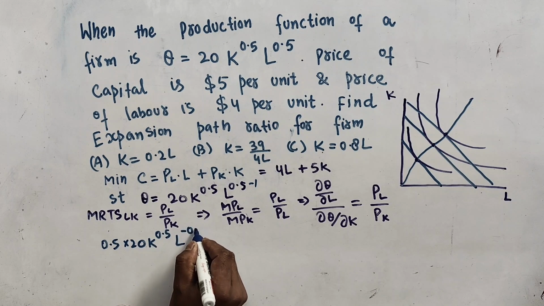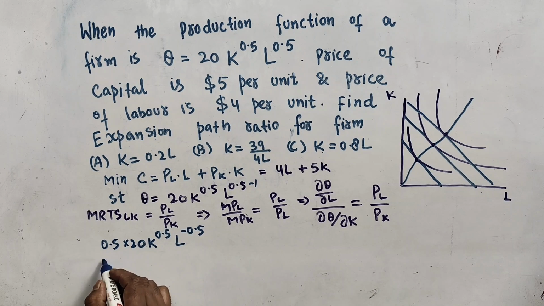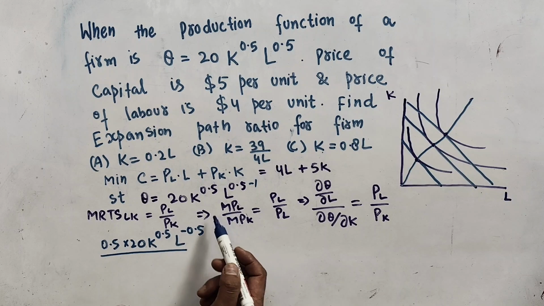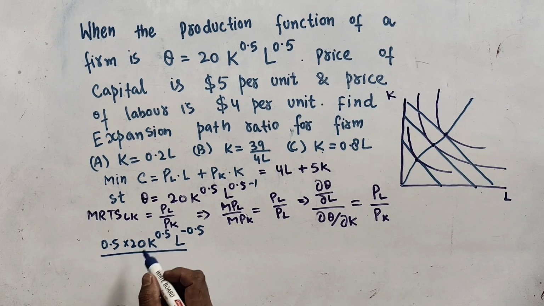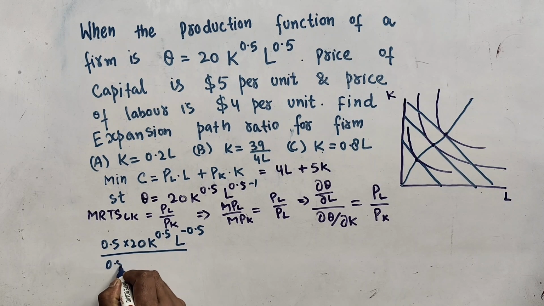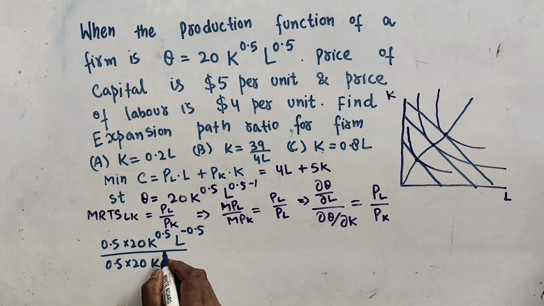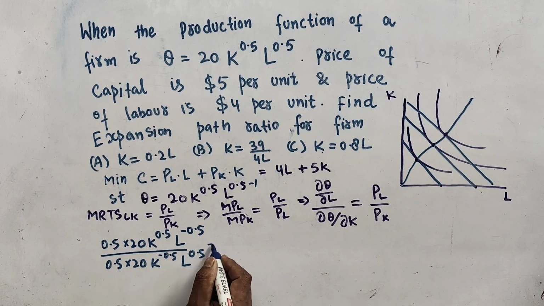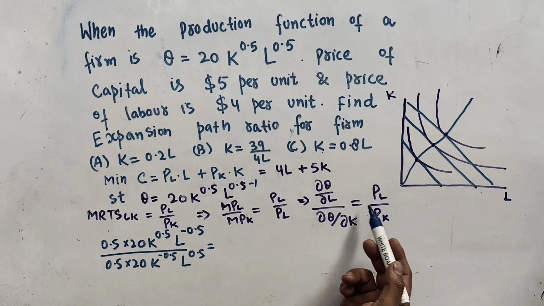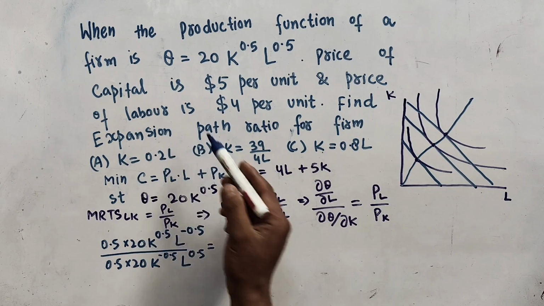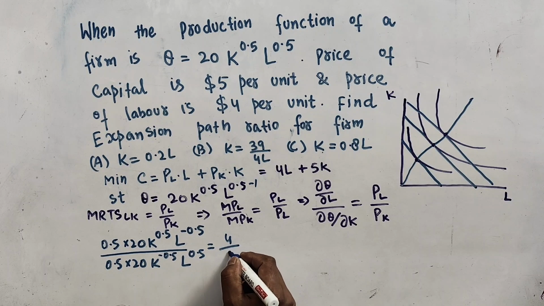It becomes minus 0.5. This is the marginal product of labor. Likewise, we differentiate partially with respect to K. Again 0.5 becomes the coefficient. We have 20, the exponent of K gets reduced by 1, so it becomes minus 0.5, and L remains as L^0.5. It should be equal to the ratio of the prices that is given to us: price of labor is 4 and price of capital is 5.